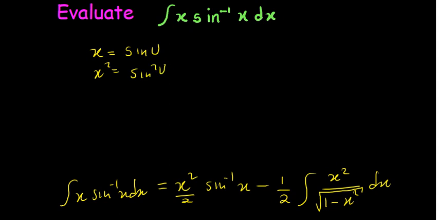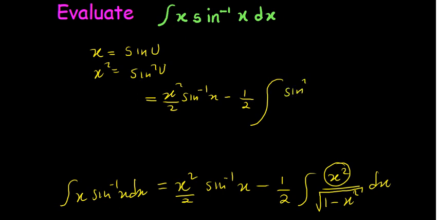And so writing this again, I'm not writing the whole thing again, I'll just write this second part. So this is going to be x squared divided by 2 and then sine inverse of x minus 1 over 2 the integral, where there is x squared, I'm going to put sine squared of u, divided by the square root.